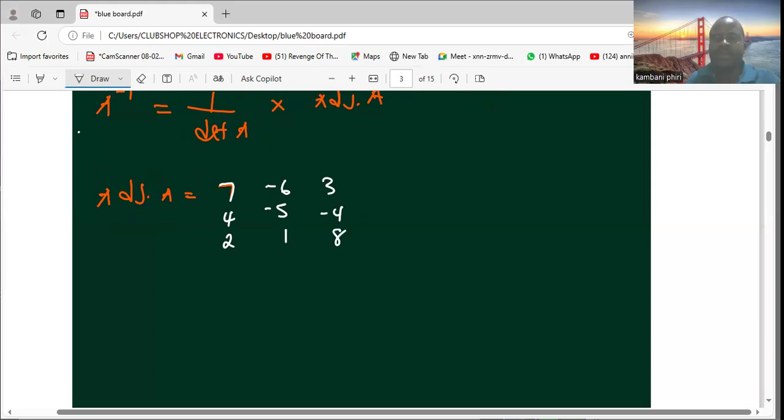Then you must repeat the first two columns. So there's 7, 4, 2, -6, -5, and 1.